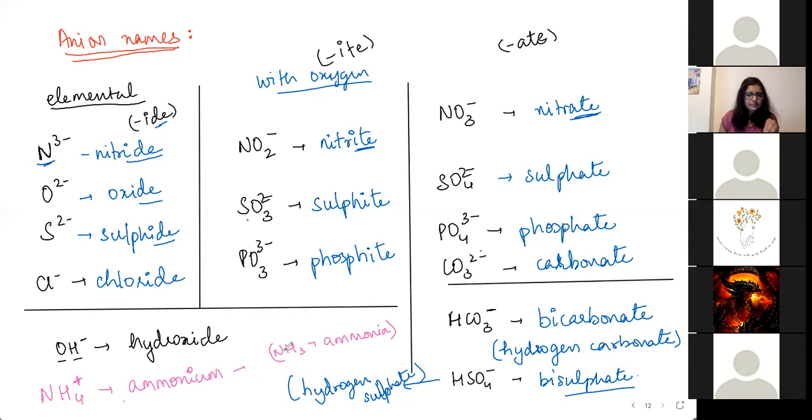And because you attached an extra positive charge to ammonia, you added H plus, it becomes ammonium. So this is from ammonia. That's why it's called ammonium. So this is a cation, so don't mix it up with the anions. This is different.